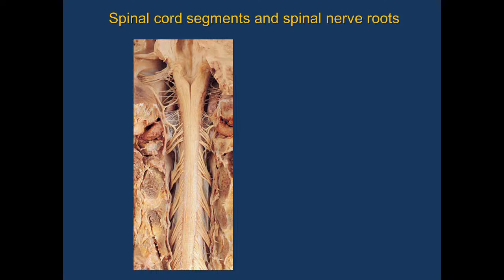The spinal cord gives rise to 31 pairs of spinal nerves. Although the spinal cord is not visibly segmented, the path supplied by each pair of spinal nerves is called a segment. Take a look. Here are the roots of spinal nerves.